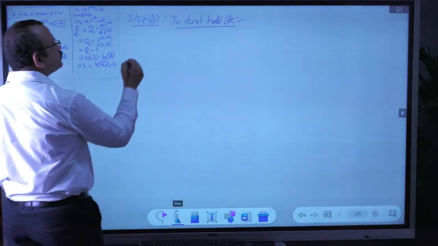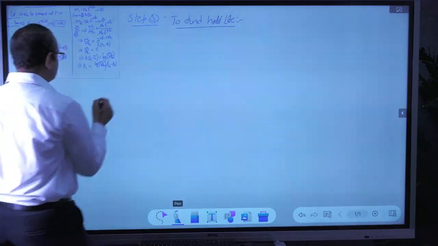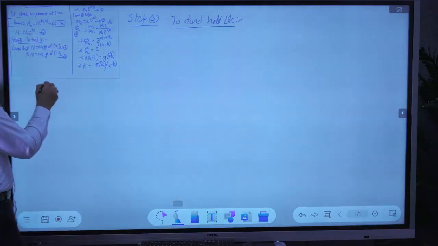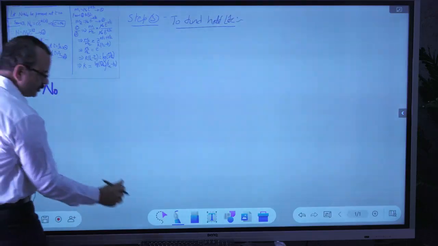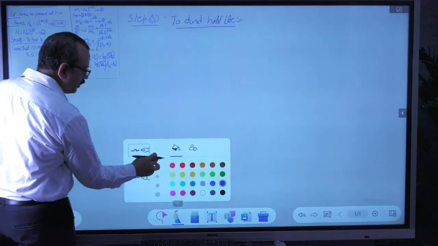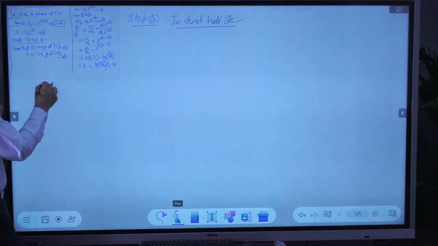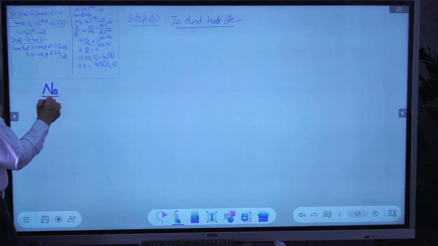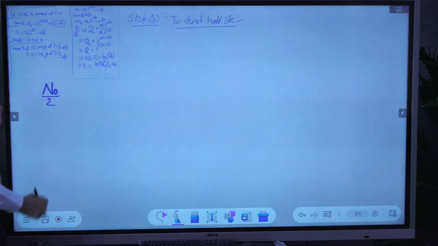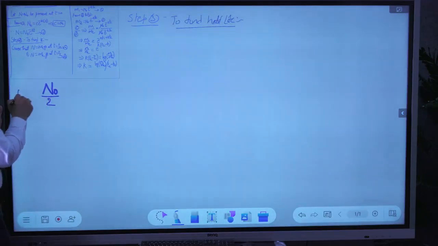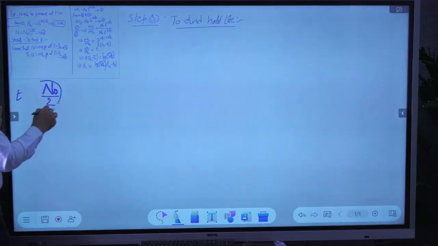Okay, half-life means, what do you mean by that? Half-life means, let me tell you, initially we have n naught, so 50% of this, n naught by 2, we need to calculate, in the sense we need to calculate the time for which n becomes n naught by 2.